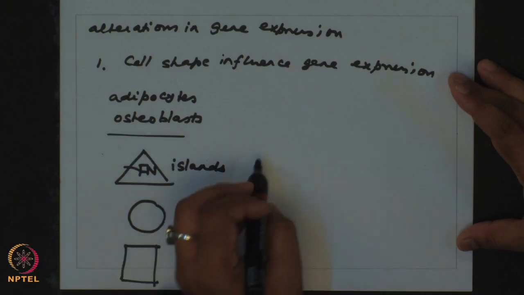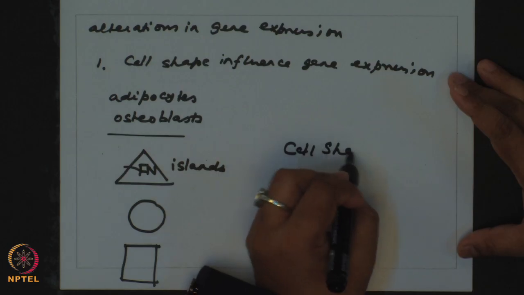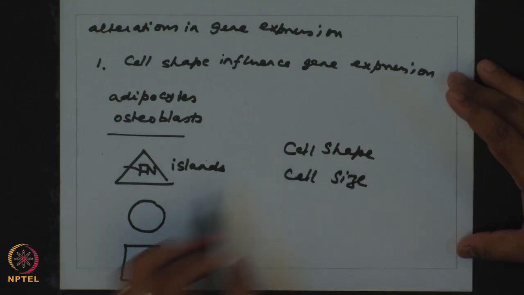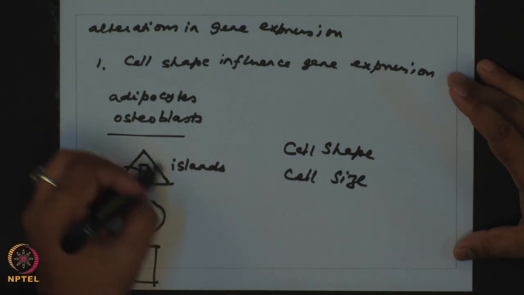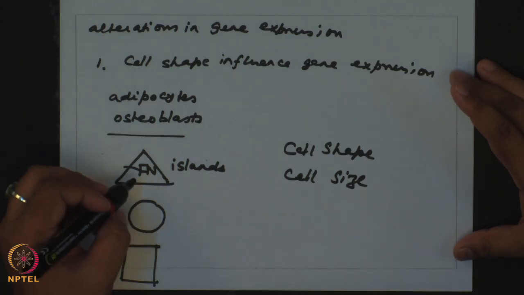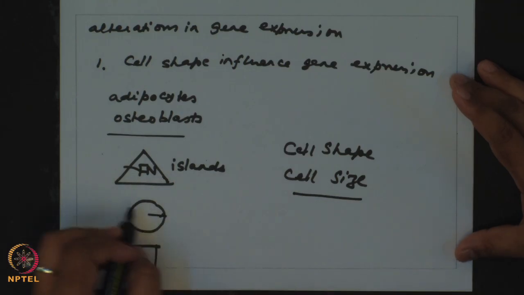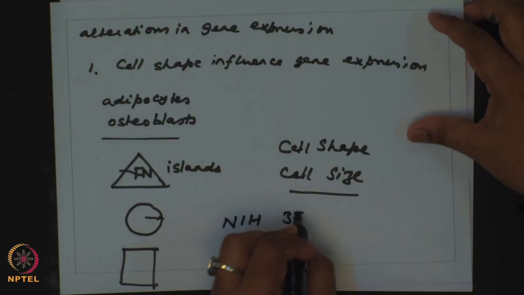So, there were two things that they varied: the cell shape and cell size. Cell shape was modified by changing the shape of the islands, and cell size was controlled by the dimensions of the islands. And then they asked what happens when we plate NIH 3T3 fibroblasts.